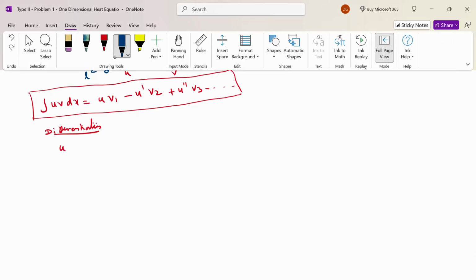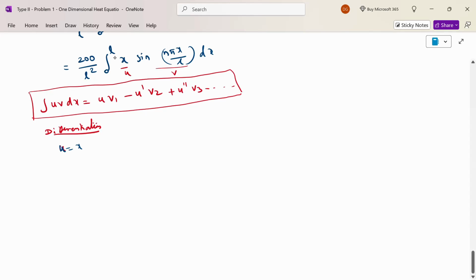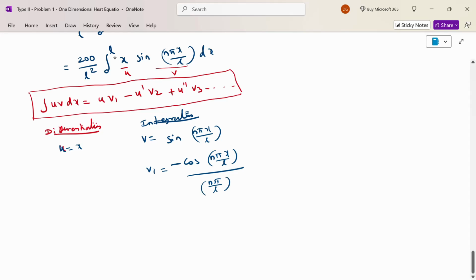So u equal to x, and v equal to sin n pi x by L. Integrating v once, v1 is minus cos n pi x by L divided by n pi by L. Integrating again, v2 is minus sin n pi x by L divided by n pi by L square. Now the derivatives: u dash equal to 1, u double dash 0, u triple dash 0.